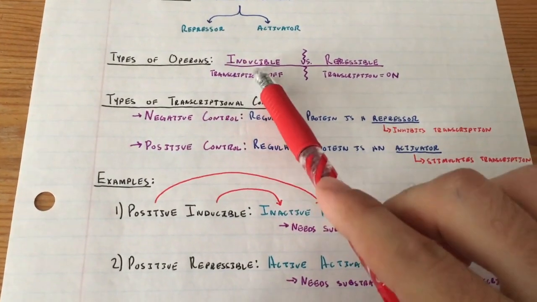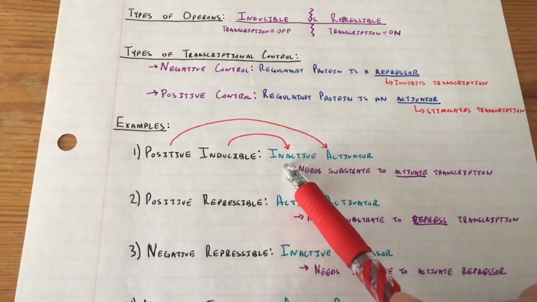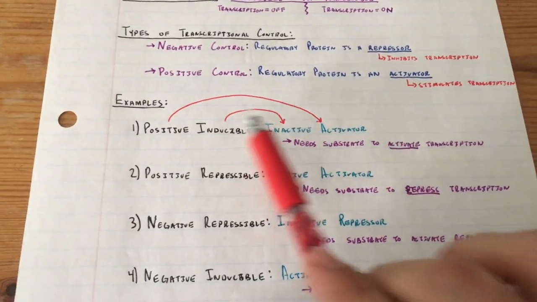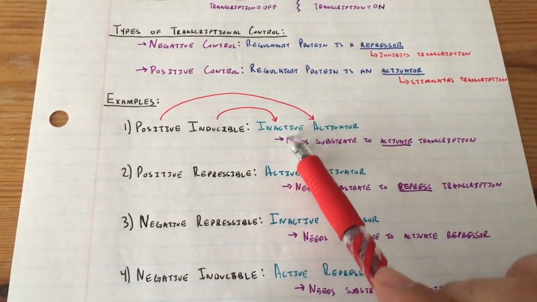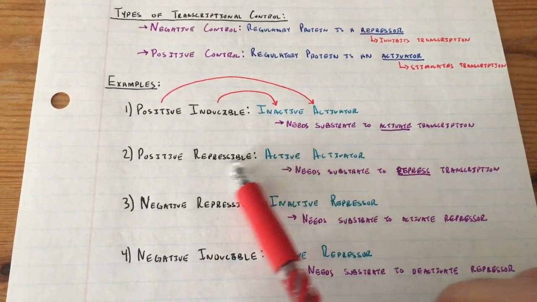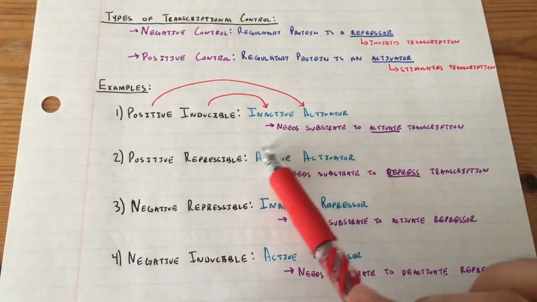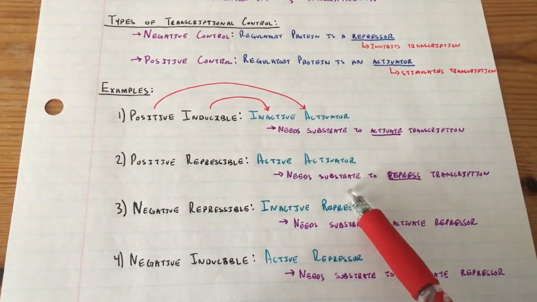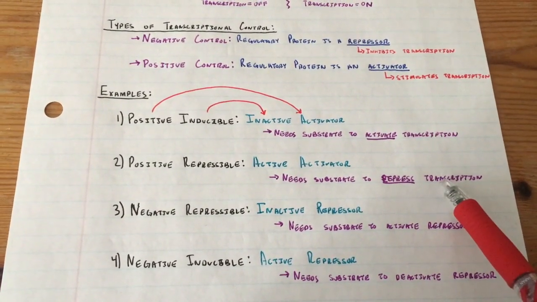Remember, transcription's off. So it's inactive, and it's going to be an activator because it's positive control. It's just matching at this point. So it's going to need substrate to activate transcription. Same thing with positive repressible, which is going to be an active activator, which is going to need substrate to repress transcription.